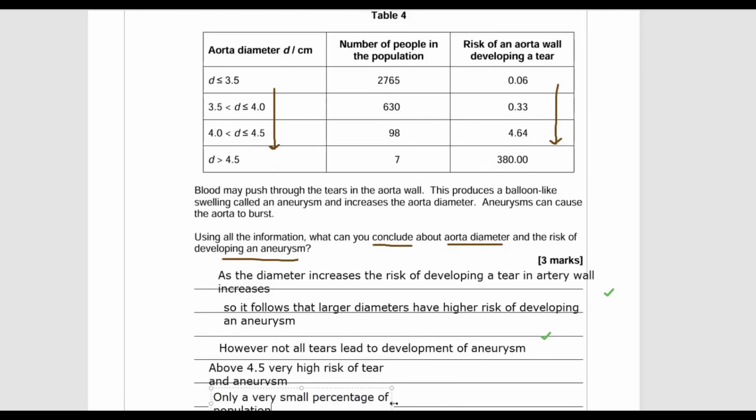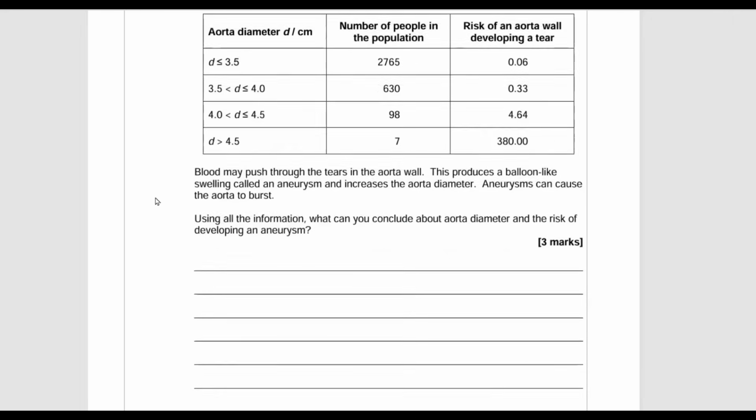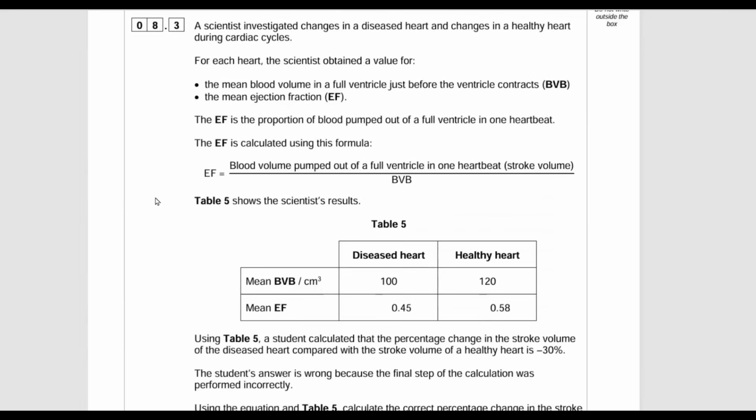We'd say only a tiny number of the population, 7 people, have a diameter of the aorta above 4.5, and they have a very high risk of developing a tear and therefore an aneurysm. So you're just stating facts about any of these ranges of aorta diameter. You could do any of these, really. You're just talking about how most people have small aortas and don't develop tears.